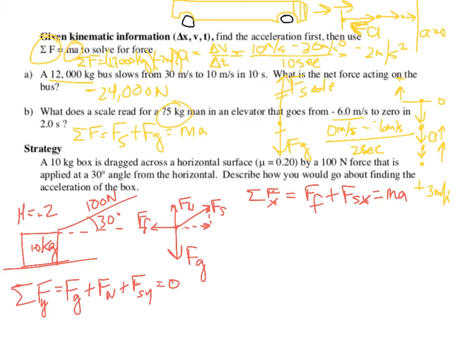All right, now you need a. You know m. Do you know Fsx? No, but can you find it? Yes, because you know what Fs is, and you know the angle, so you can find Fsx and Fsy using trigonometry.